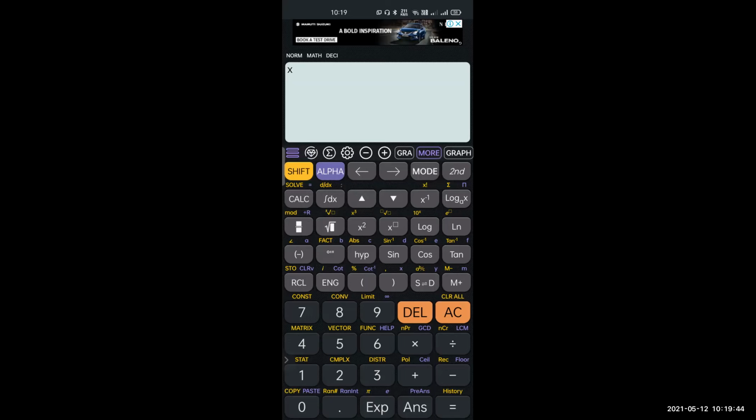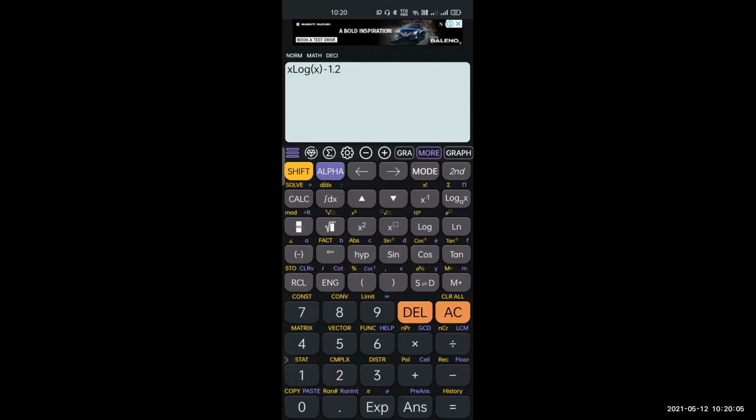You will get x on the screen. Then we use the LOG button, log x base 10. Again, you need to take x and close the bracket. Now we have x log x base 10, and now minus 1.2.